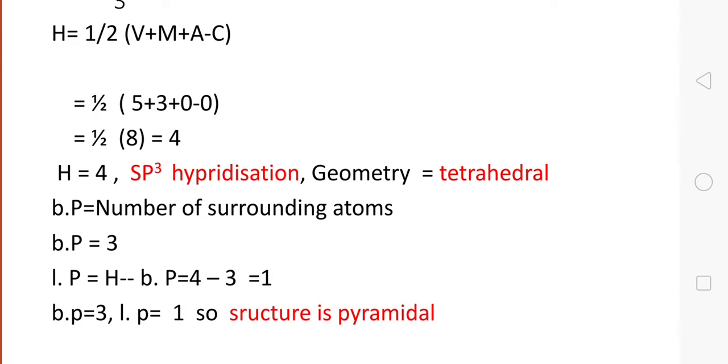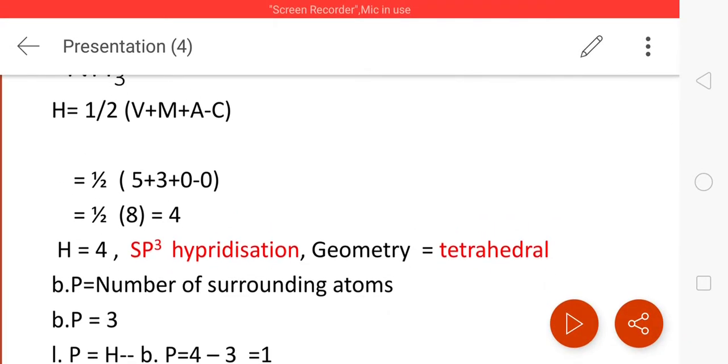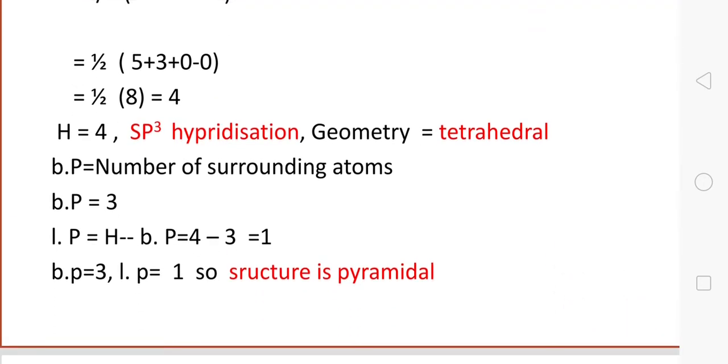So what is the geometry of ammonia? Tetrahedral. Then we have to find the bonding pair and lone pair for finding the structure, isn't it? Then how to find the bonding pair? I have given one formula here. Bonding pair is equal to the number of surrounding atoms. Here, the number of surrounding atoms, not the number of monovalent surrounding atoms.